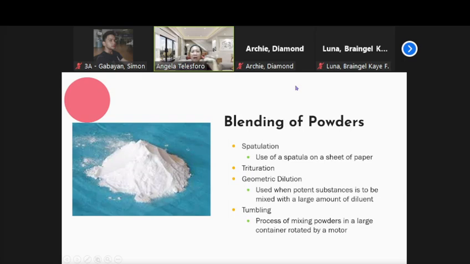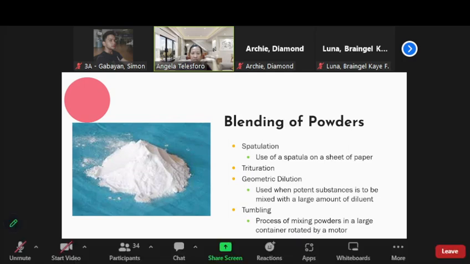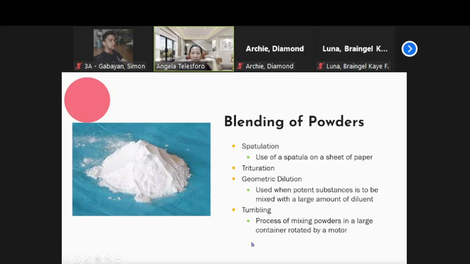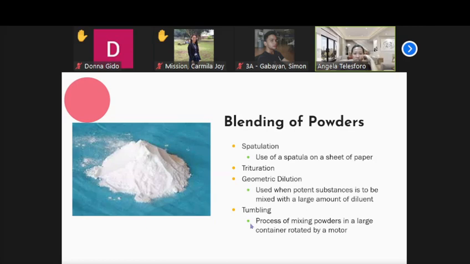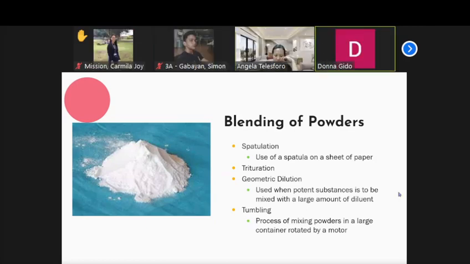So blending of powders. What do you mean by blending? Try lang po, ma'am.